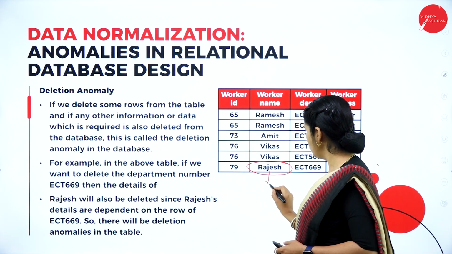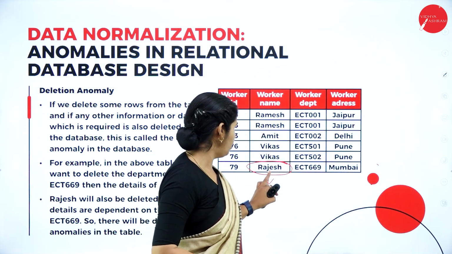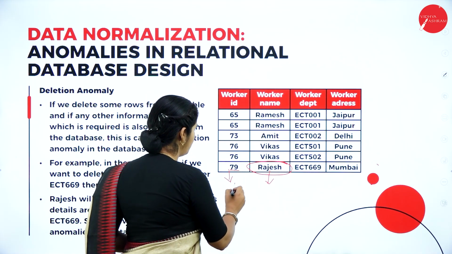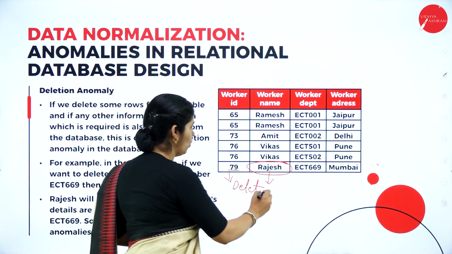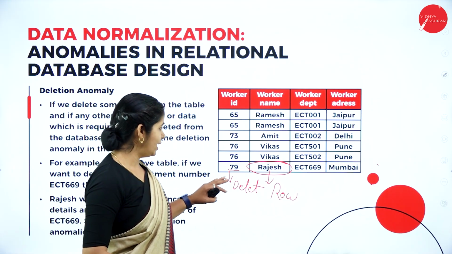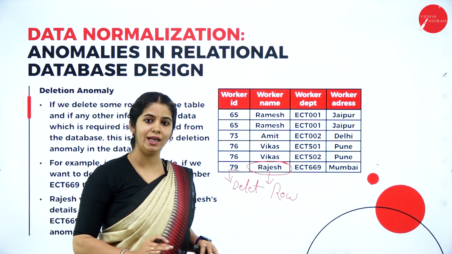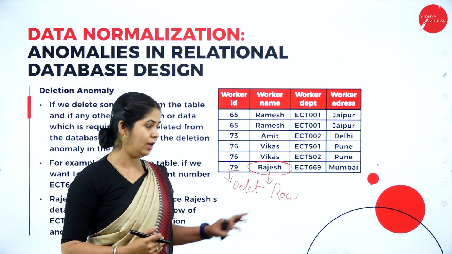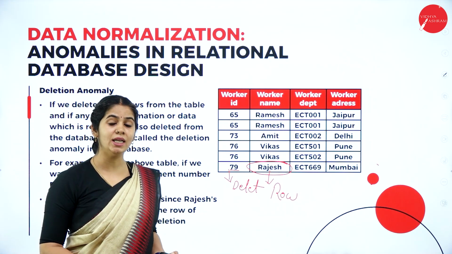If I delete this particular row, all the data related to Rajesh will get deleted. Whenever you want to use it as an employee table, the Rajesh detail will not be available. That is called a deletion anomaly.